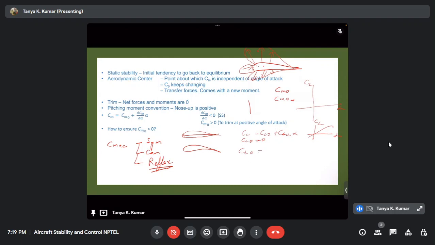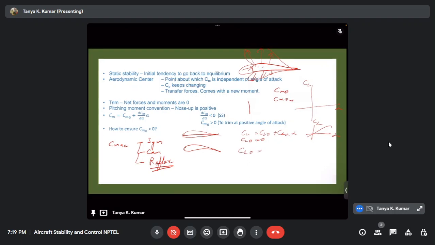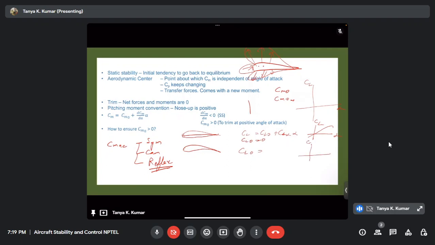What about for a cambered airfoil? What is CL naught, and how will the CL versus alpha look? For symmetric, it is 0. For cambered, what will it be?